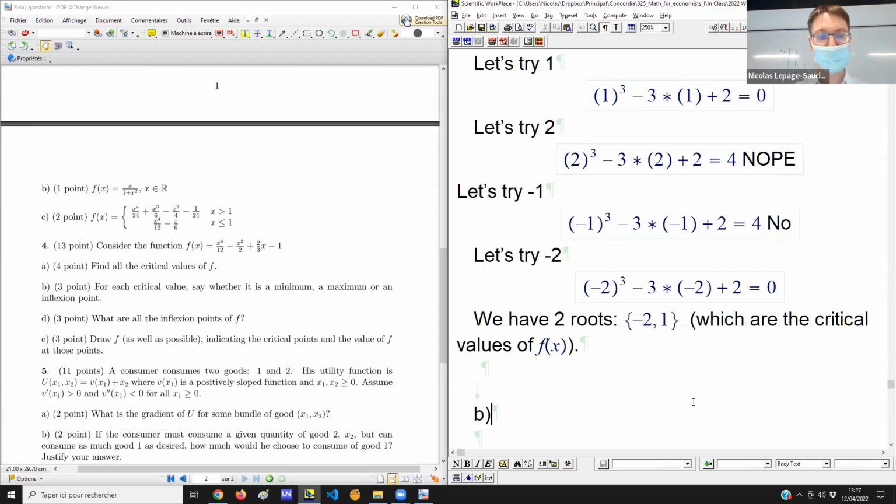B. For each critical value, say whether it is a minimum, maximum, or an inflection point. So what should I do? Check whether the function is, like, if you can take the center and see where it's 0.